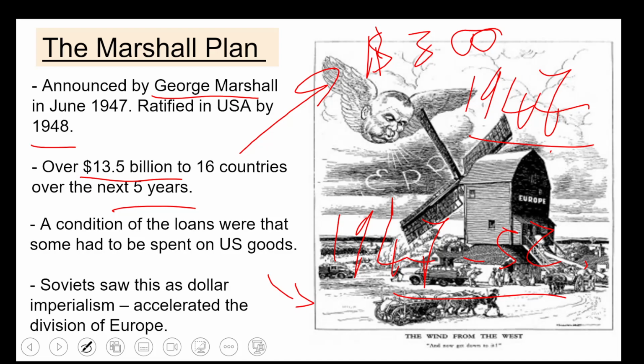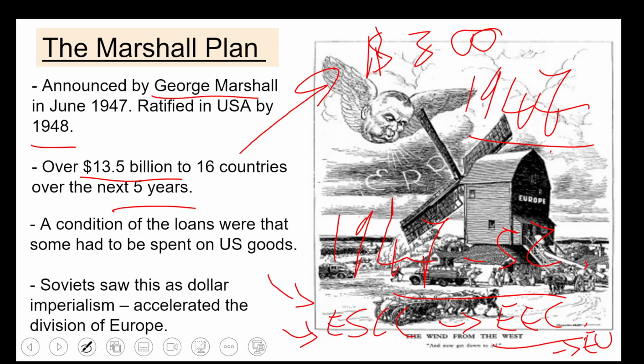Economic data also had to be shared with Washington, and it also encouraged European cooperation. And this is where we see the emergence of economic cooperation within Europe, which leads to the creation of the European coal and steel community, and then eventually that would become the EEC, which today we know as the EU.